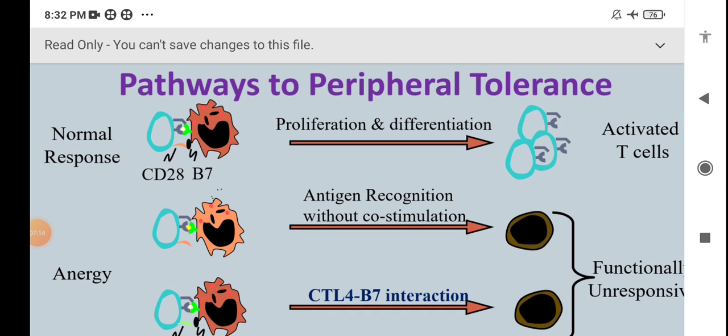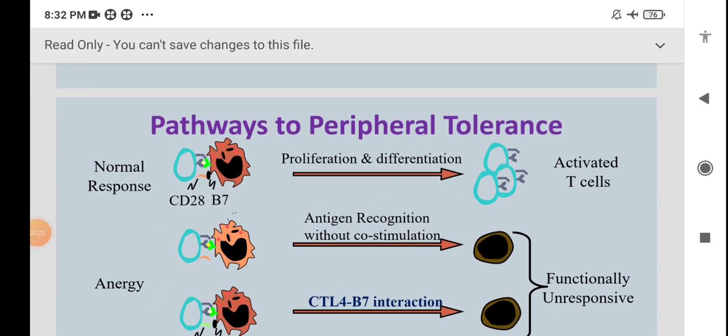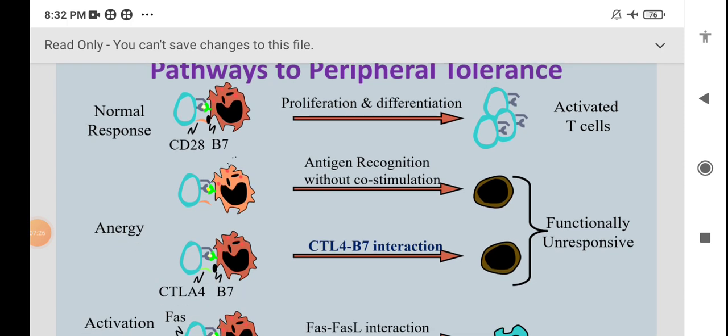Pathways to peripheral tolerance: the normal response, that is CD28, B7, proliferation and differentiation leading to activated T cells. Then anergy, that is antigen recognition without co-stimulation, CTLA4 B7 interaction, functionally unresponsive.